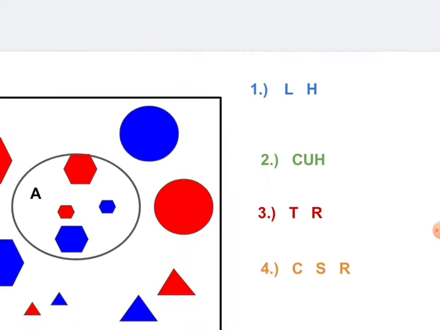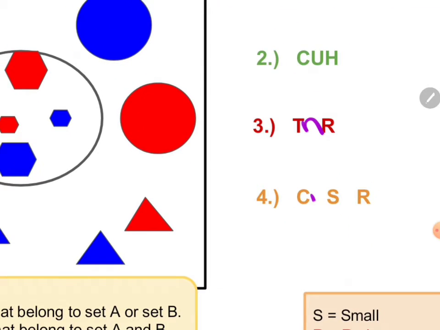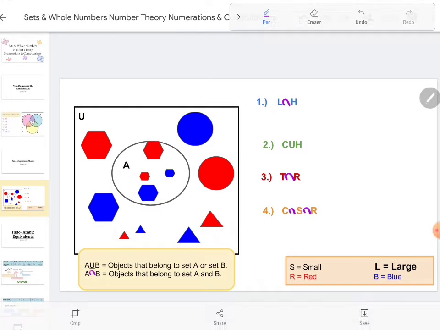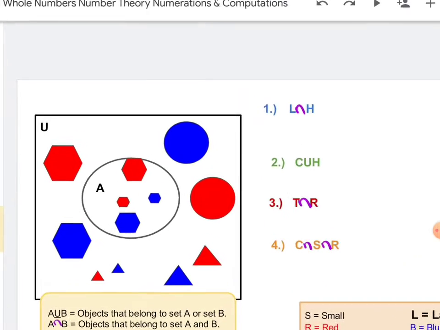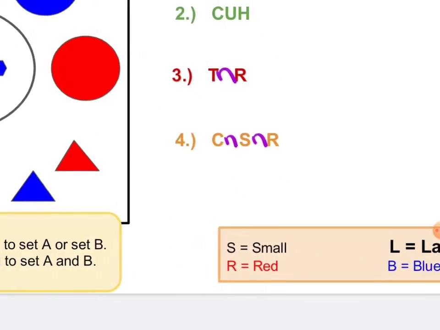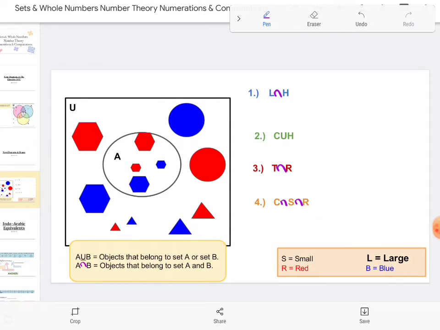So if we look at our first problem here, let me fix this. I'm not sure why these aren't popping up in our problems. They are being strange. If we look at our first problem, we have L N H, which means that we need objects that belong to set L and H. That key at the bottom right corner only covers the colors and the shapes.